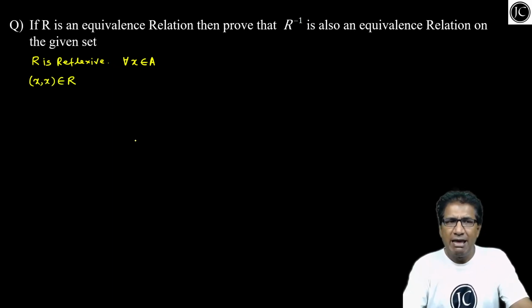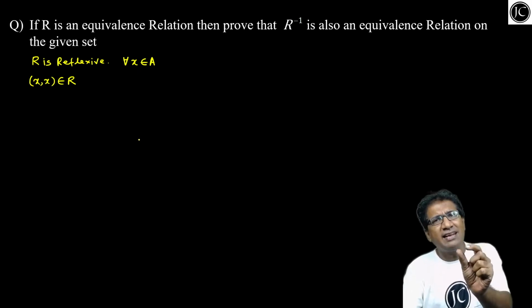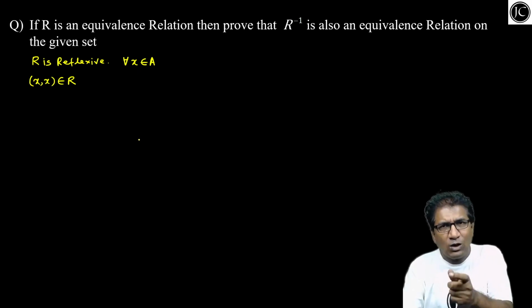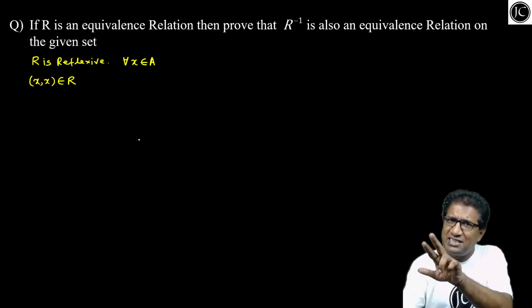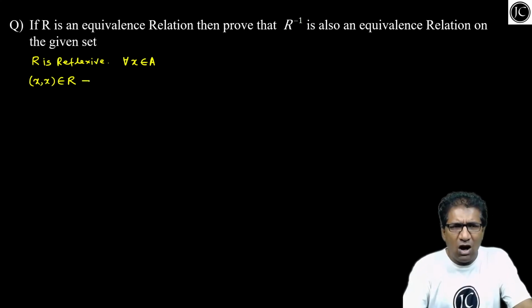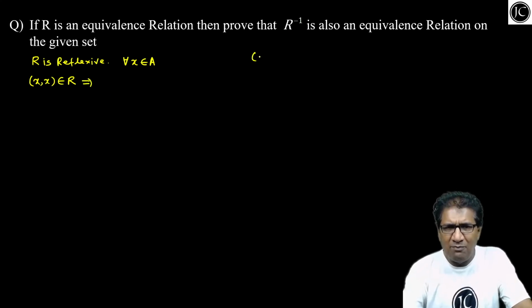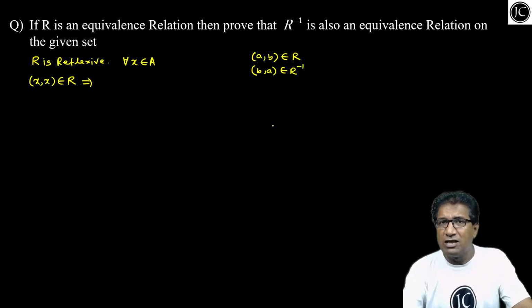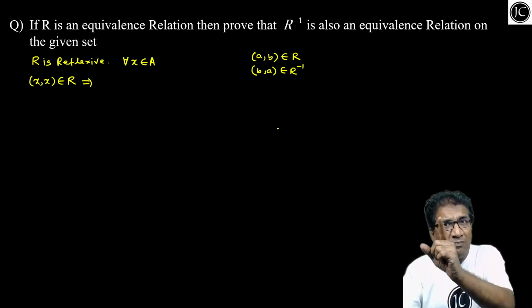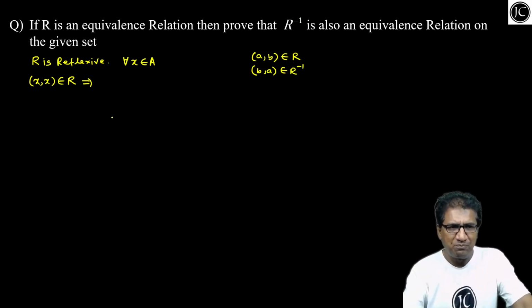Is it clear? Now children, see: if (x, x) is in R, then what will be in R inverse? Just the opposite. What do we mean by opposite? If (a, b) belongs to R, then we say (b, a) belongs to R inverse, because that is the definition of the inverse of any relation.